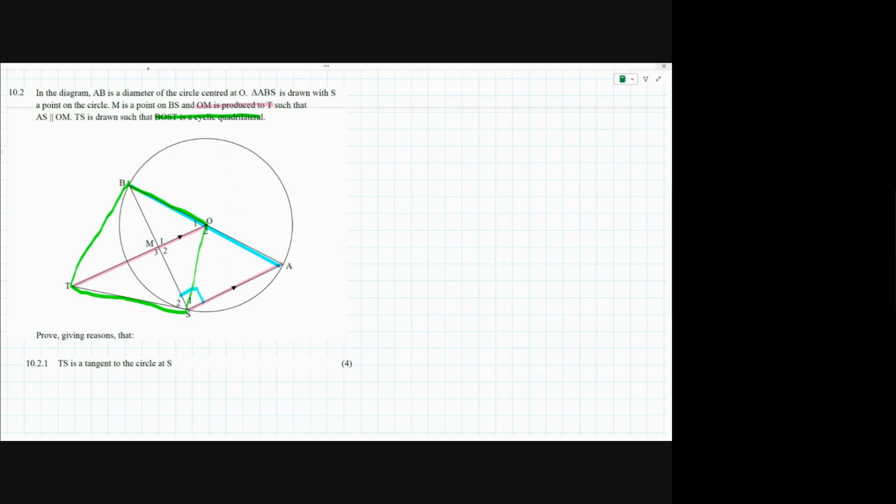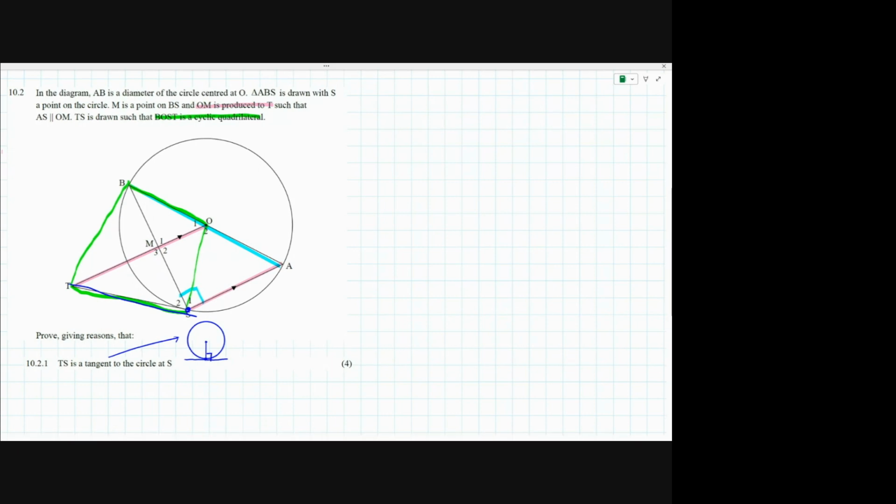So the first question says, prove giving reasons that TS is a tangent to the circle at S. So here's TS. I want to prove that at this point S, that line TS is a tangent to my circle. Now, there are two ways to prove tangents. Way number one is to prove that from your center, the line drawn to the point of contact with your tangent meets at a right angle.